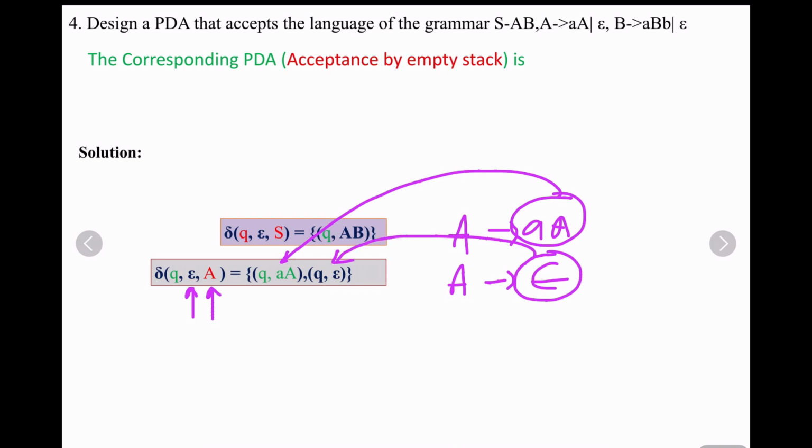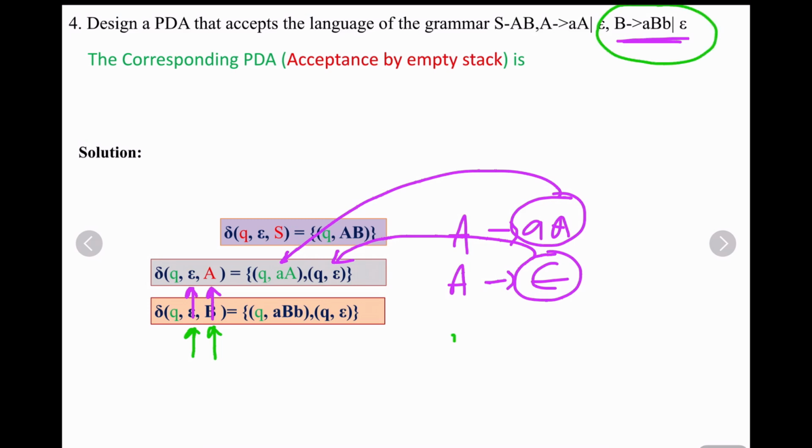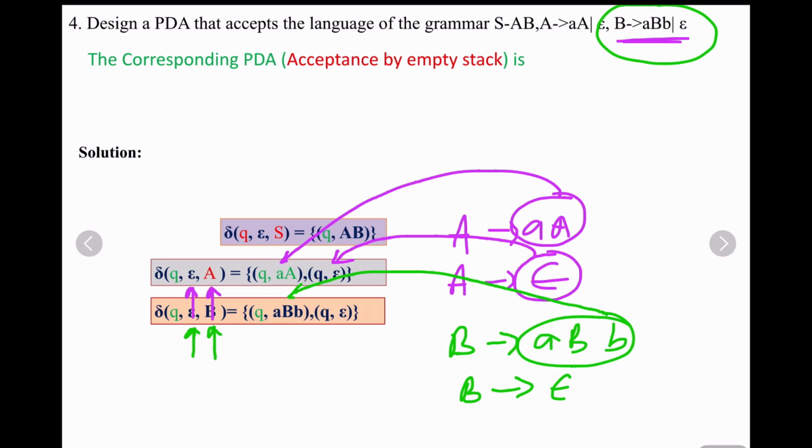Okay, similar for B as well. There is no input, the top of the stack is B, and you push the B production onto the stack. That means B gives bB and B gives epsilon. So the entire production of B will be pushed onto the stack, then epsilon as well.